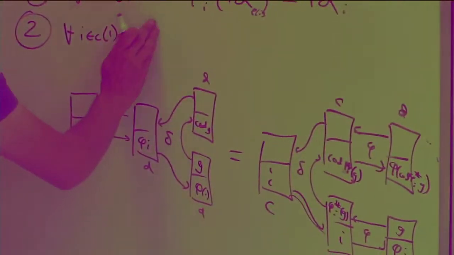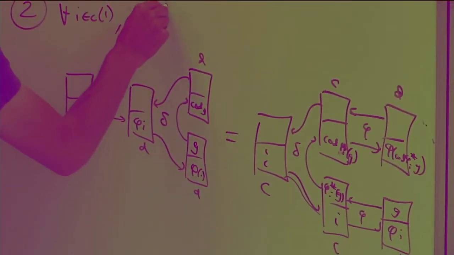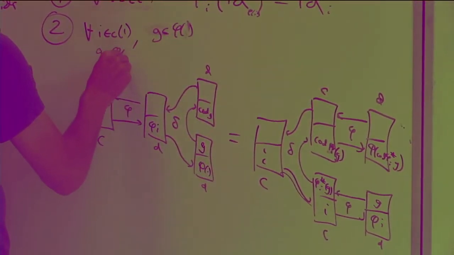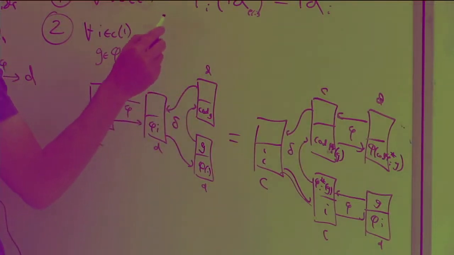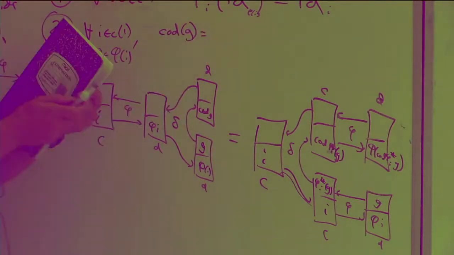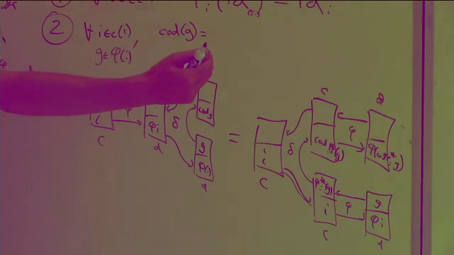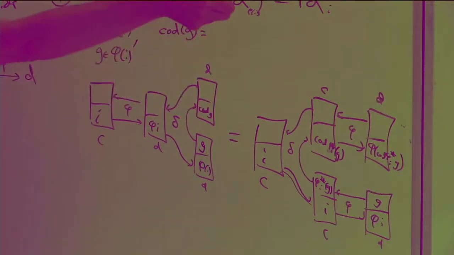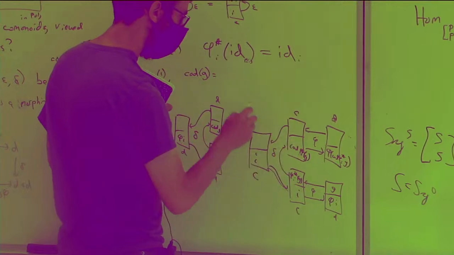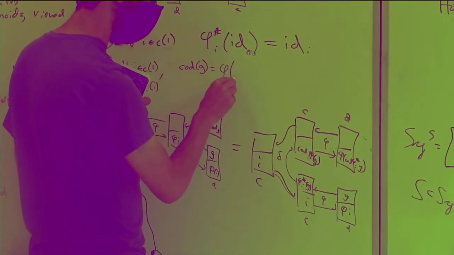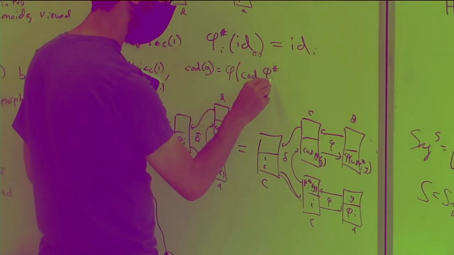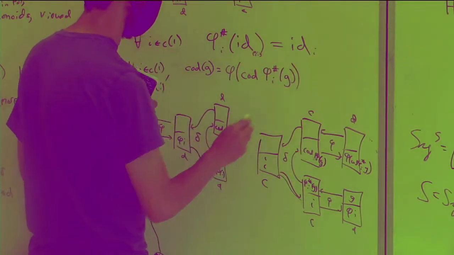We learned that if we have a G in phi of I, we learned that cod of G, so we took an object, we mapped it forward, we took a morphism out, and we know that its codomain is the same thing as if we see where the codomain of the map-backed thing went.